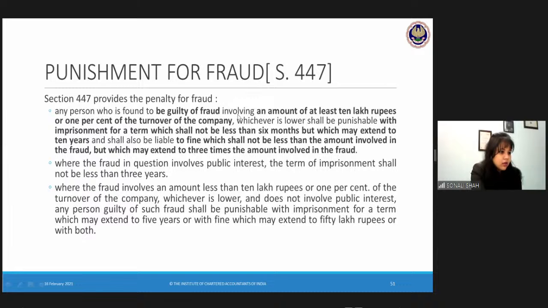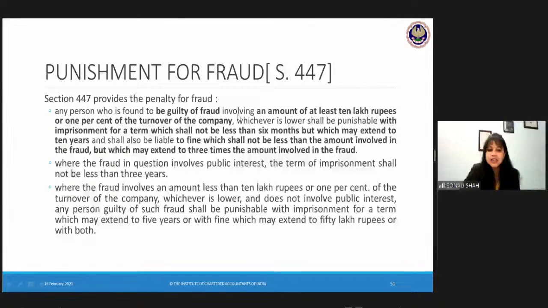Mustafa? At least and whichever is lower? So at least and whichever is lower will come into picture. Let's say 1% of the turnover of the company turns out to be 10 crore rupees, and the amount involved in fraud is only 7 lakh rupees.